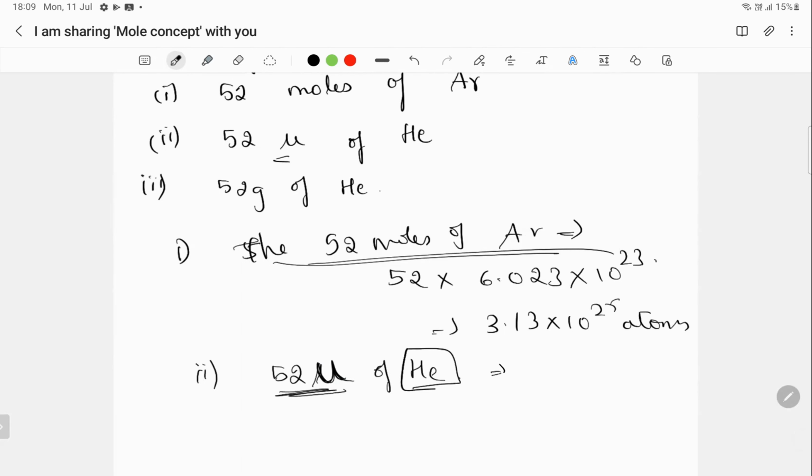So 52 divided by the atomic mass of helium, which is 4. How many times will it come? 4 3s are 12, so 13 atoms. Because u is atomic mass, to know how many atoms are in that atomic mass, you need to divide by the element's atomic mass. Clear? Okay. Next one.